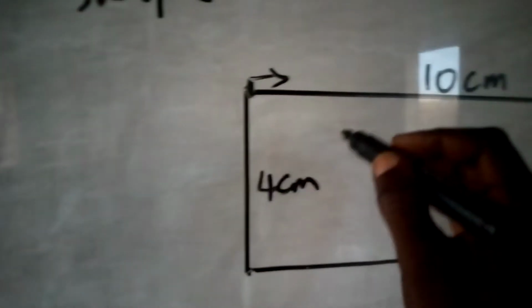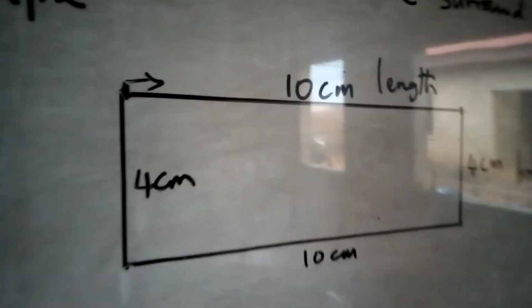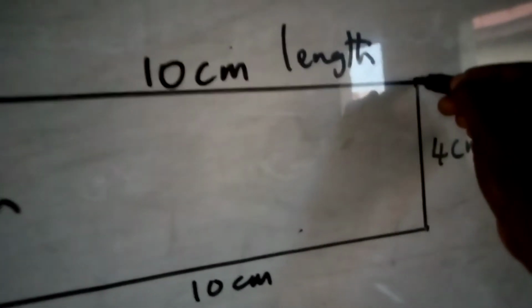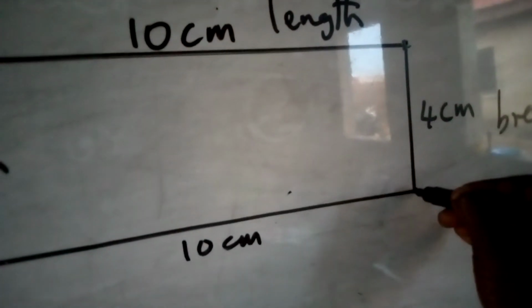So if I have to start here to walk around this rectangle, it means I will go here from this point to this point, which is 10 cm. At this point, I will move to this point.